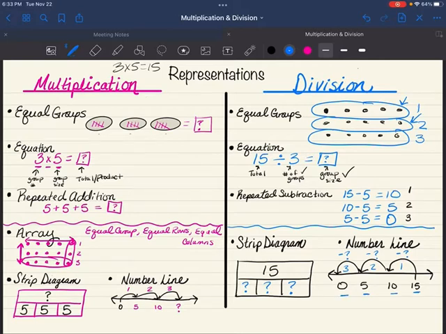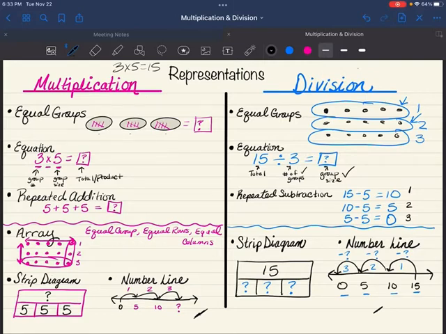That's why I don't really like this one for figuring it out. It's just like the number line going forward, but we're doing the opposite. This time we're jumping backward or subtracting from the total. So we're jumping backwards 3 jumps of 5.